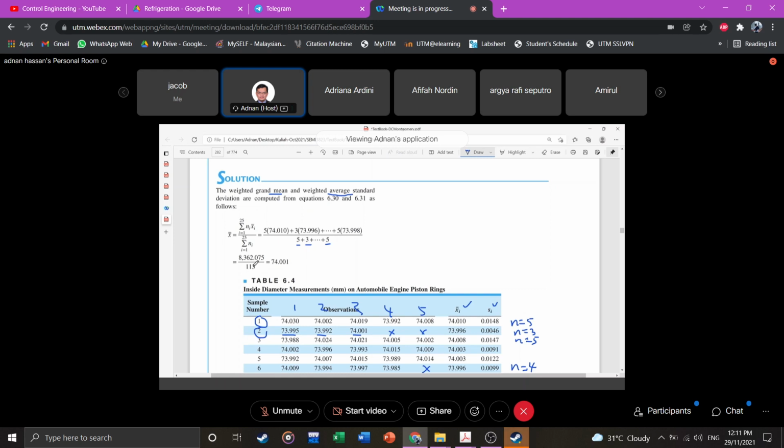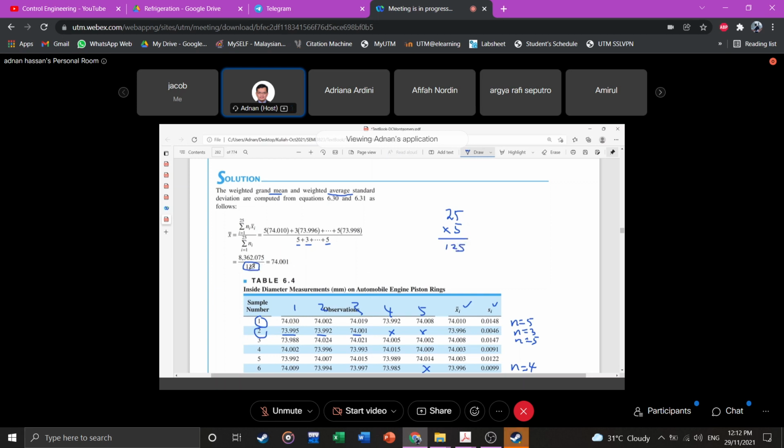The total number of samples we have taken is now only 113. Earlier it was 25 multiplied by 5, which is 125. Originally 125, but now the remaining is only 113.